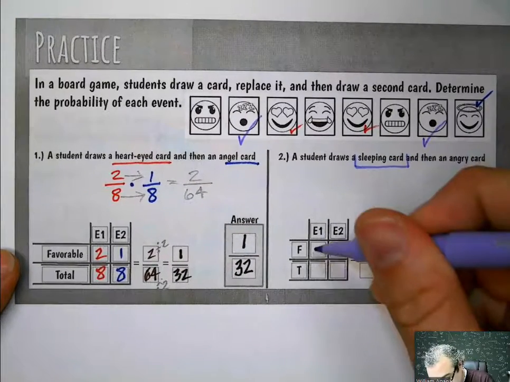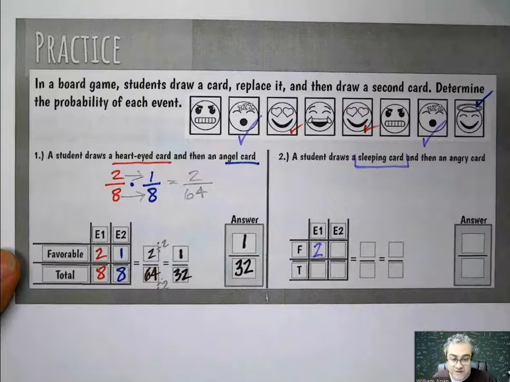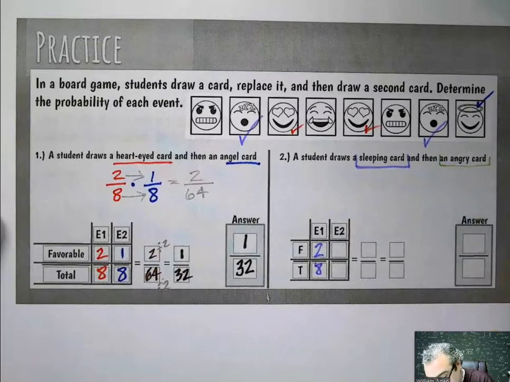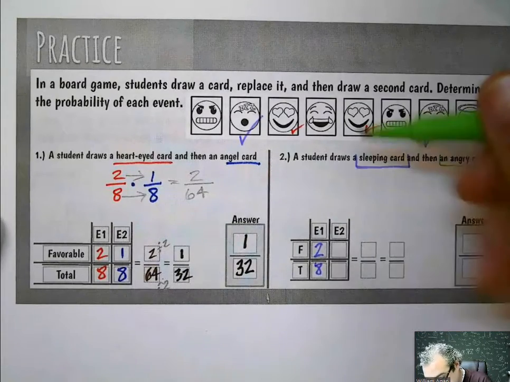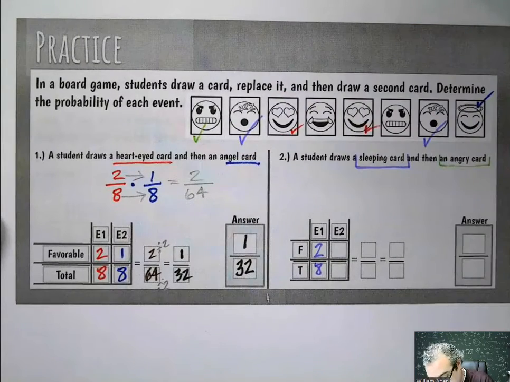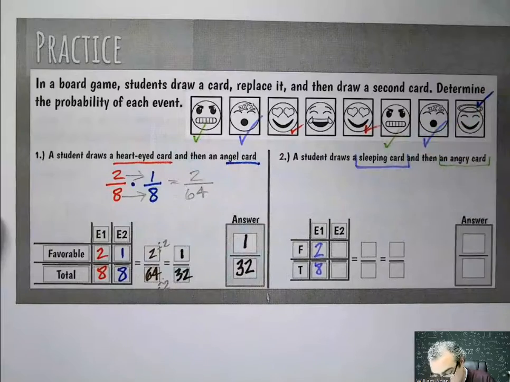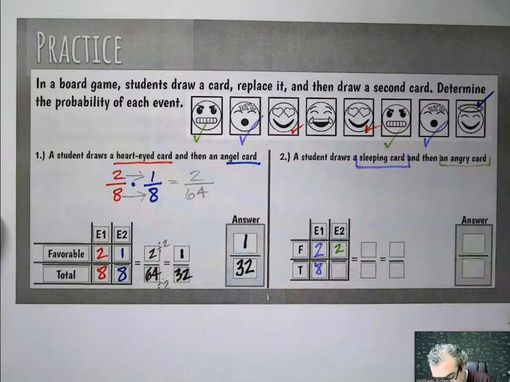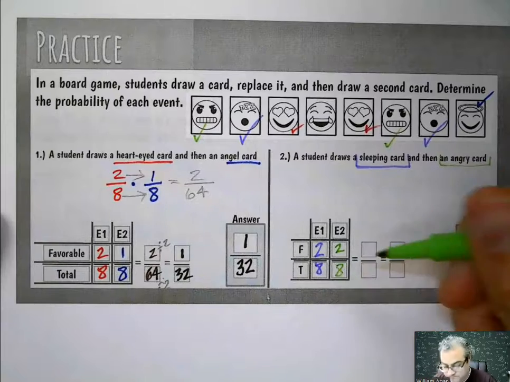So that's 2 sleeping cards. That's your favorable. That's what you're trying to find. And the total is still 8. And then my second event is an angry card. Well, here's an angry card right here, and this one right here is angry as well. So that's 2 angry cards out of still a total of 8.